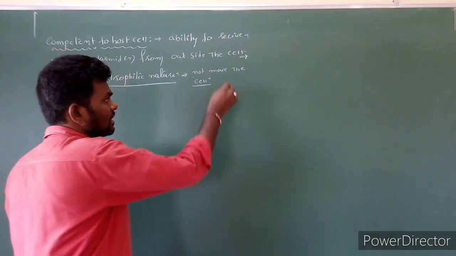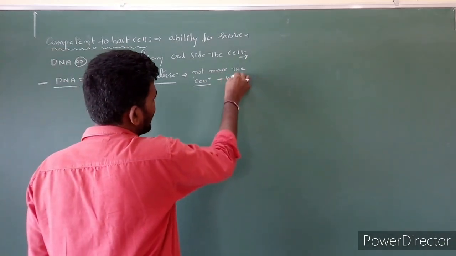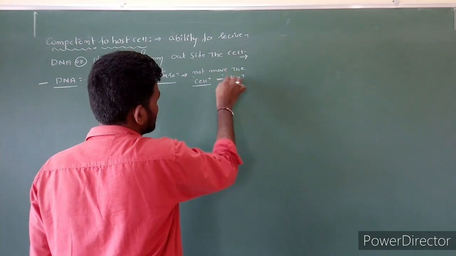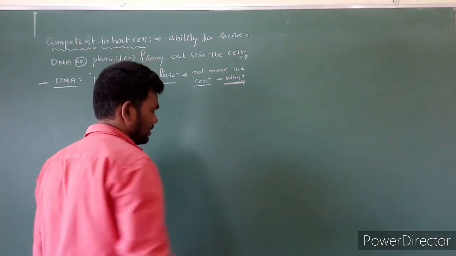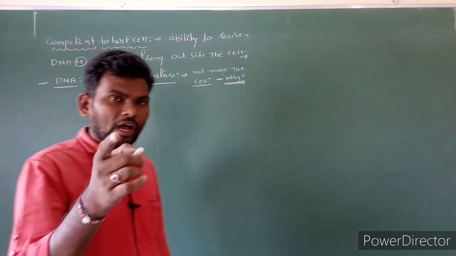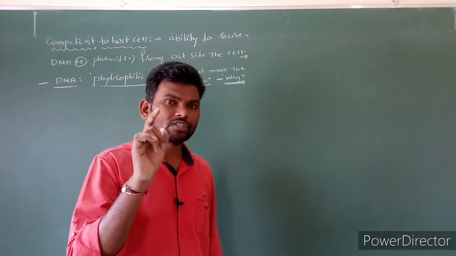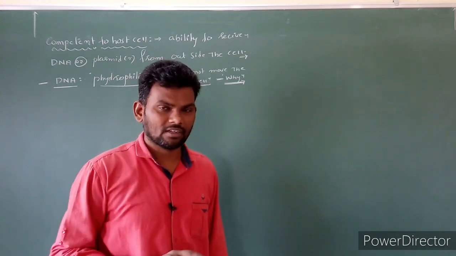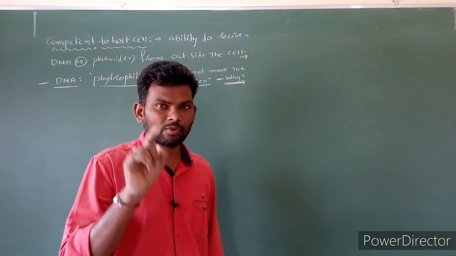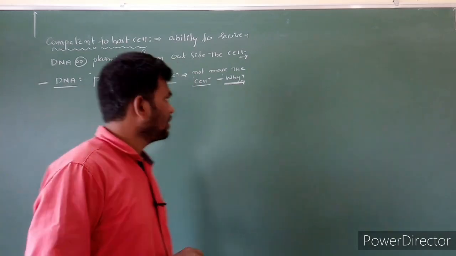The reason is, why? Sir, why is it not possible to cross the cell membrane? For that you have to refer to the fluid mosaic model we discussed in 11th class. Just check it. Then tomorrow you have to give the answer for that.